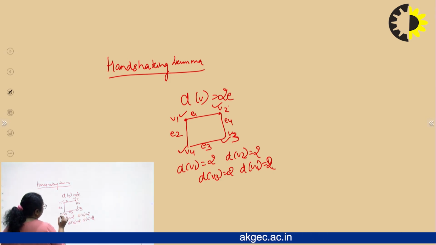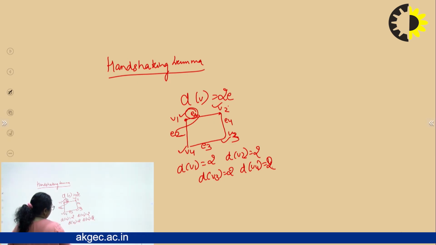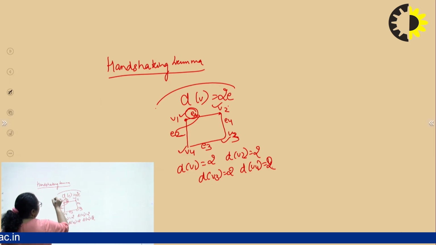So we can say that 2 edges will contribute to the degree of a vertex, and this is our handshaking lemma.